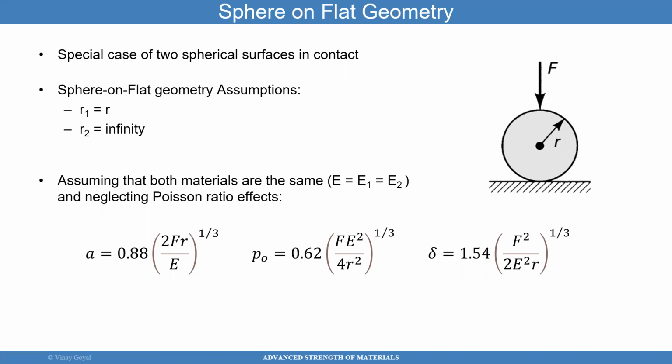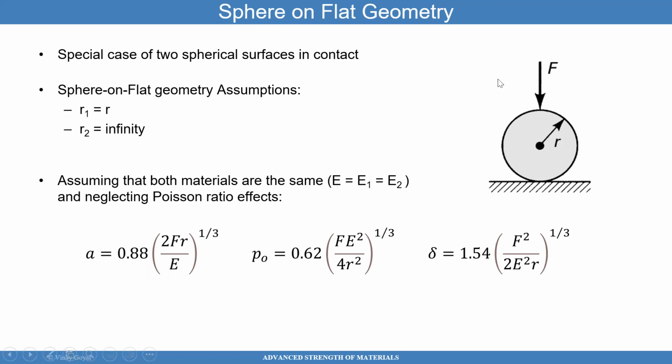But you should be prepared to use any of the formulas I showed you earlier, and you can do it very quickly. The pressure that you get in this case is also provided here for equal moduli and Poisson ratios. And then the amount of deflection you get from that sphere indenting into the flat plate is provided here as well.